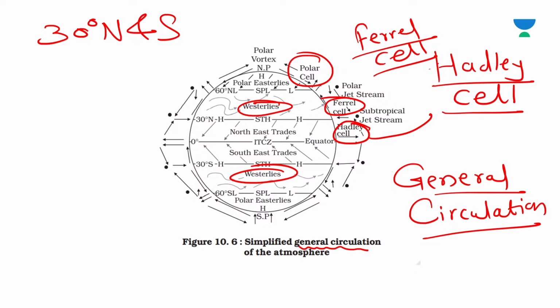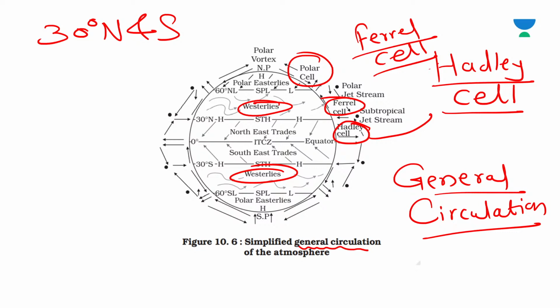Before that, here we will once again revise the general circulation of the atmosphere. Now understand, the pattern of planetary winds largely depends on latitudinal variation of atmospheric heating, emergence of pressure belts, the migration of belts following the apparent path of the sun, the distribution of continents and oceans, and the rotation of Earth.